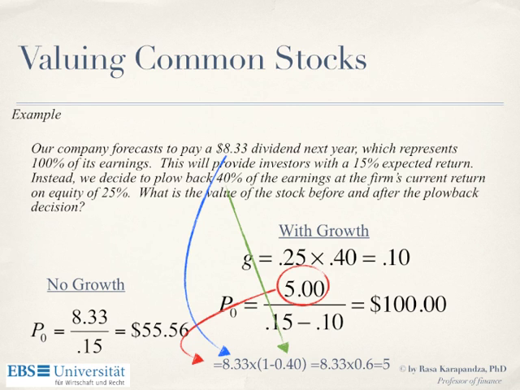They will pay me 8.33 if there is no growth. If there is growth, they will, in the first period from now, give me 5. Why 5? Because the rest, 40%, they have invested into some projects. But they gave me, as a stockholder, a dividend of 5.